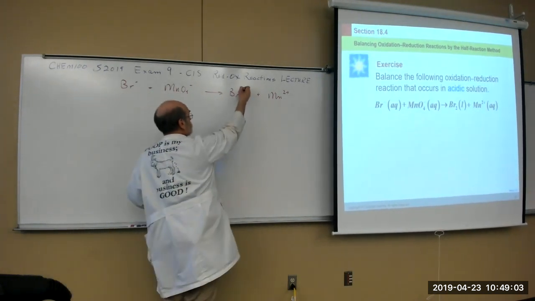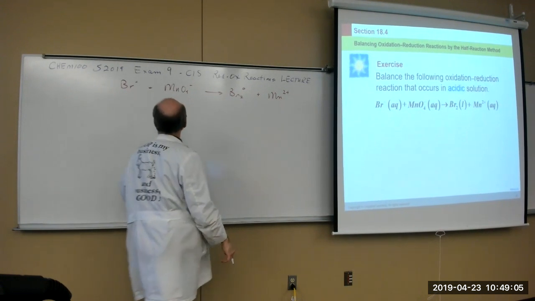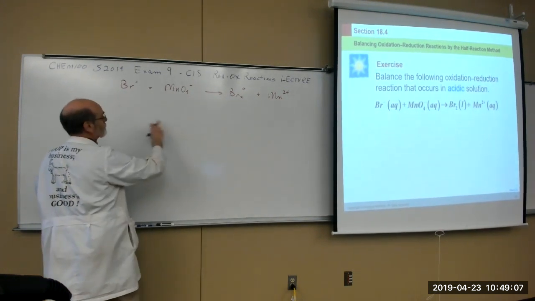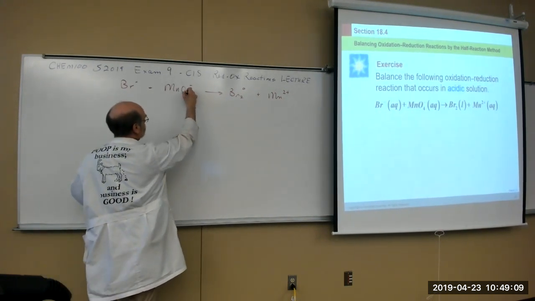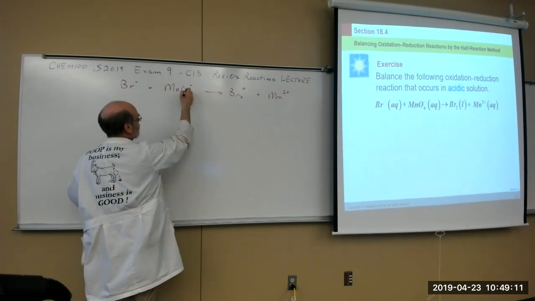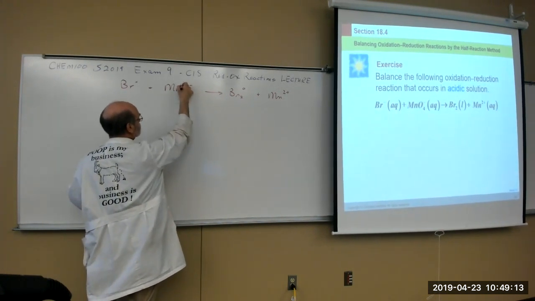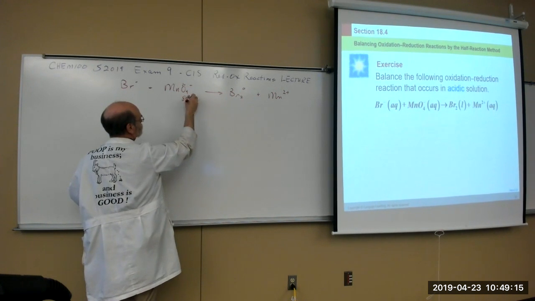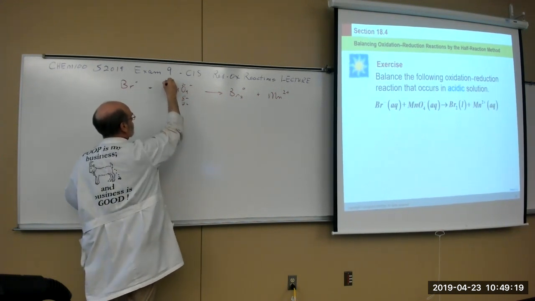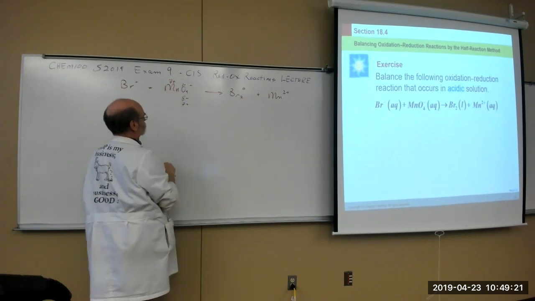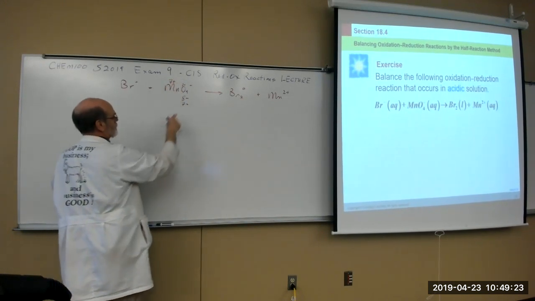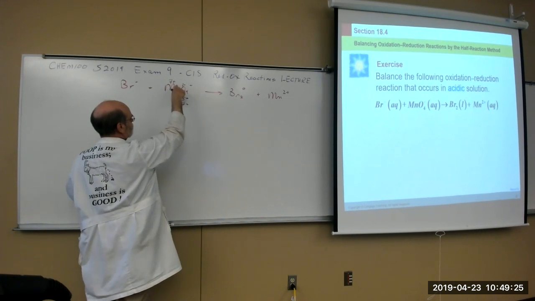So this one's 0, that one's 2 plus, this one's 1 minus, and this one we have to calculate. So 4 times 2 minus is 8 minus, but we hold 1 out. So this one has to be 7 plus. And we check ourselves. 7 plus and 8 minus is 1 minus.